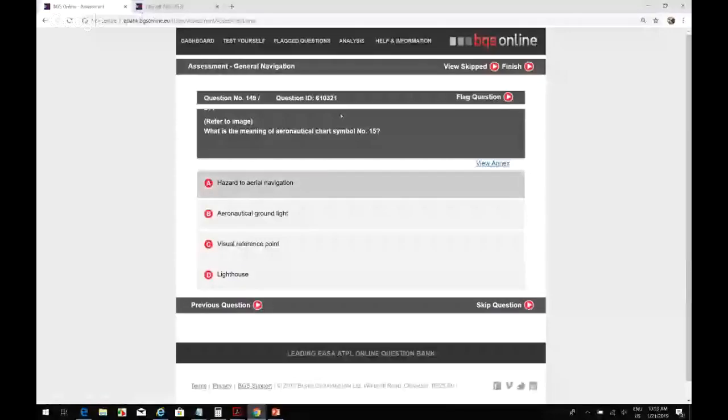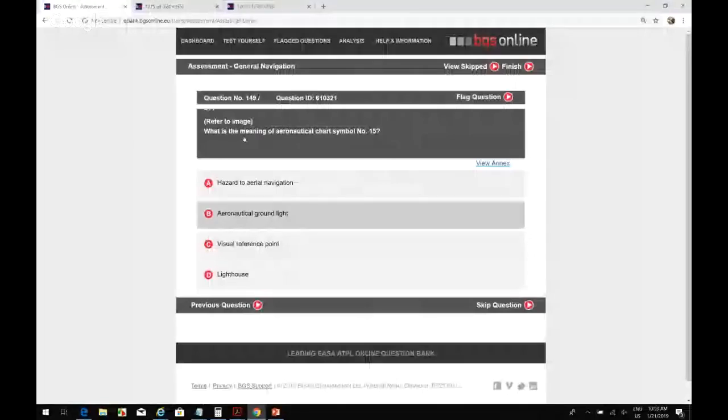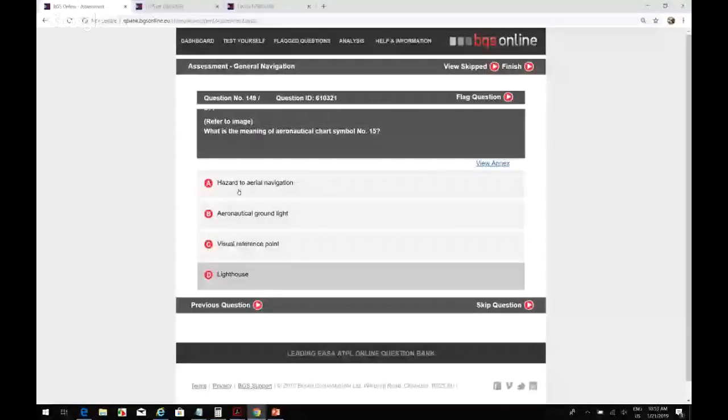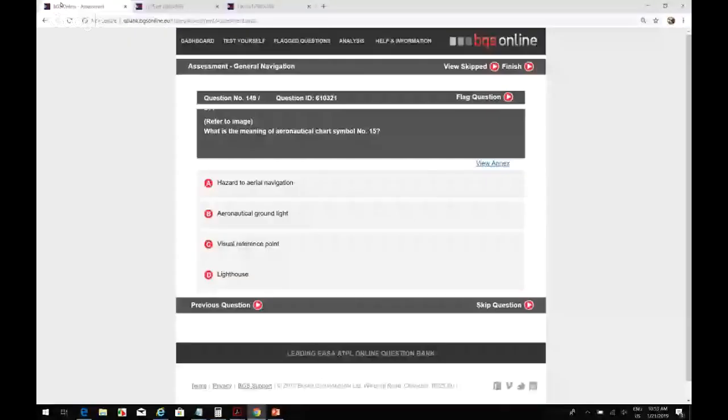Number 15 is, that's a good question. I am not sure. It's not a lighthouse. Is it a hazard? It's a visual aid. If it's a visual aid, it's not a lighthouse, so is it an aeronautical ground light? Or is it a visual reference point? It's an aeronautical ground light.